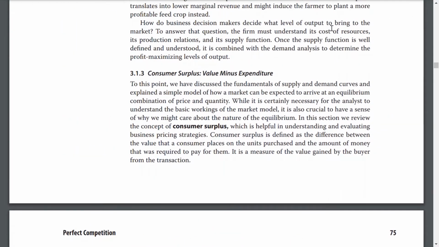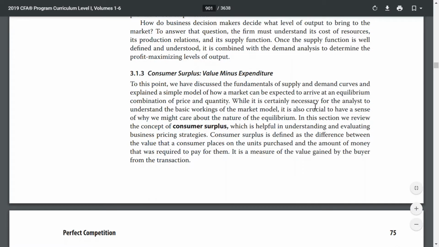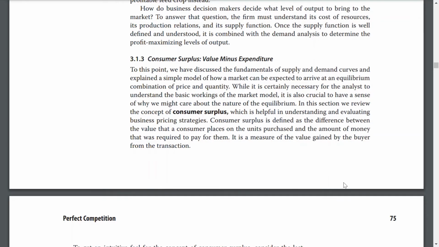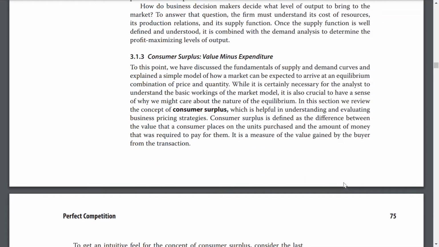3.1.3, consumer surplus, value minus expenditure. At this point, we have discussed the fundamentals of supply and demand curves and explained a simple model of how a market can be expected to arrive at an equilibrium combination of price and quantity. While it is certainly necessary for analysts to understand their basic workings and the market model, it is also crucial to have a sense of why we might care about the nature of the equilibrium.